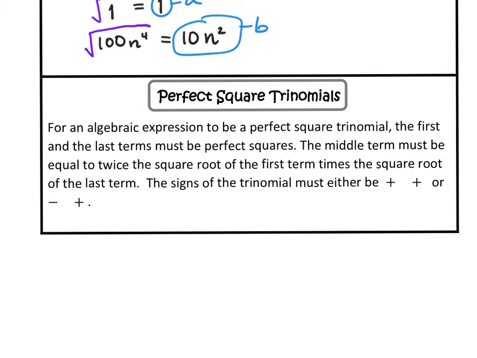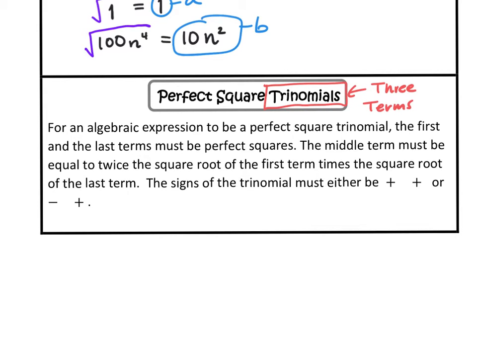So kind of like what we were looking at in the examples that we worked out previously. The only difference is, since it's called a trinomial, remember trinomial means that there's 3 terms.